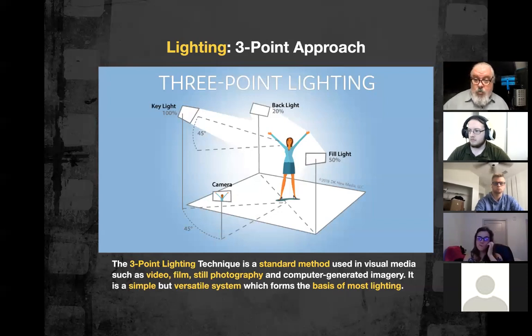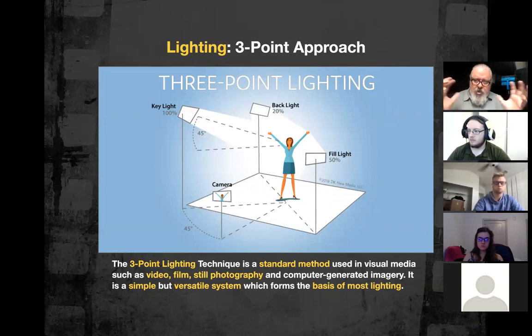And then you can add or subtract from that scheme as you rehearse and as you block the scene and you look at how the actor's going to move and perform. And then you might tweak your lights accordingly, make them bigger, make them smaller, turn them on, turn them off, right?